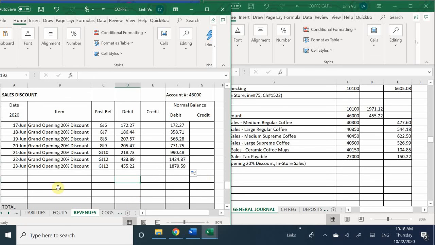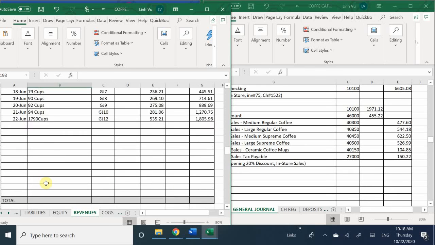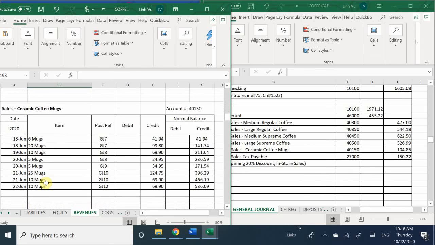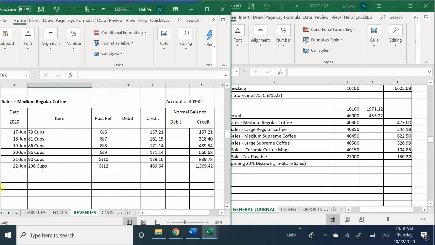All right, so let's go up to the top, to sales medium regular coffee. Here you go. Then it was 240 cups. GJ 12, 477.60. 1787.02.